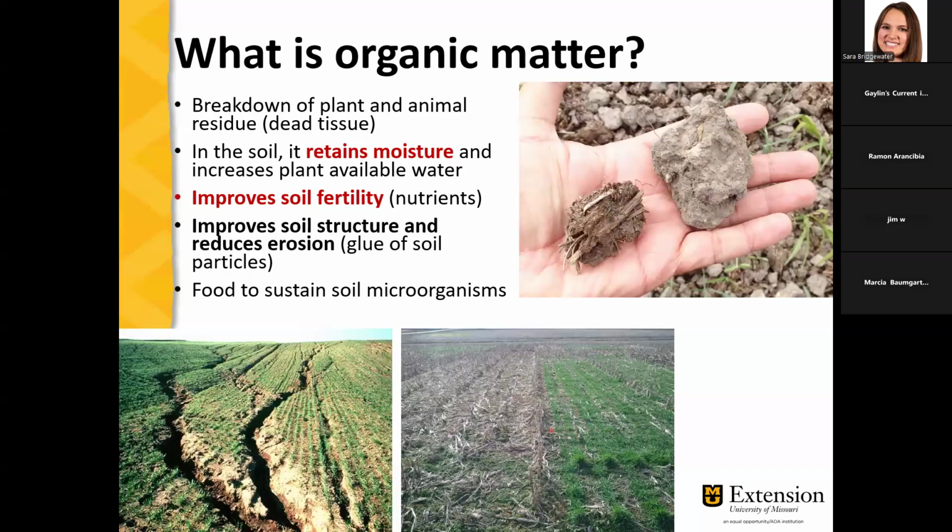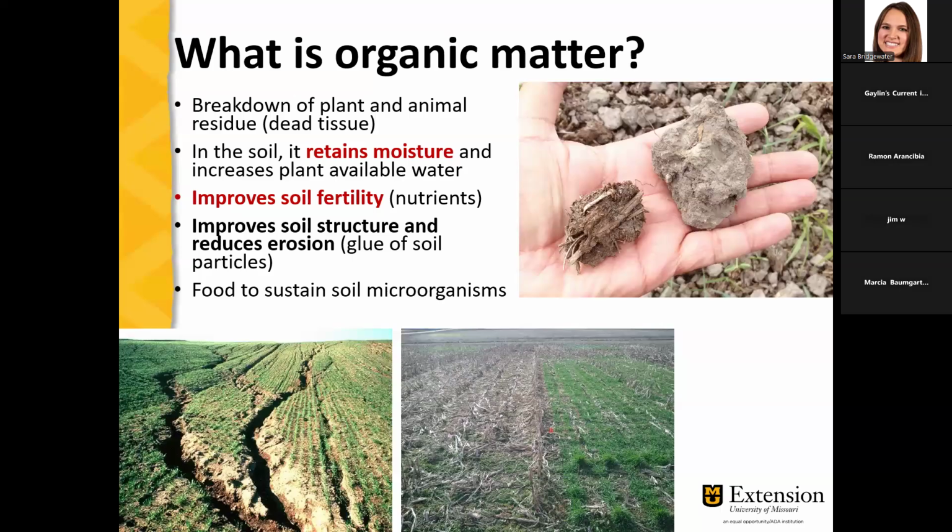Normally, if you press those two crumbs, the one that does not have organic matter will break down pretty easily into smaller pieces. The one that has organic matter, because of the glue, will stay together more firm in the soil or in your hand.